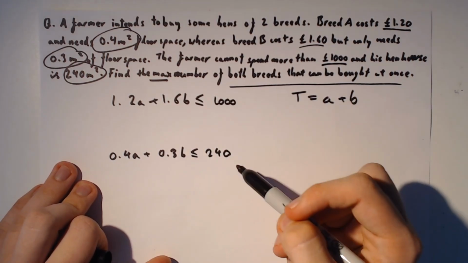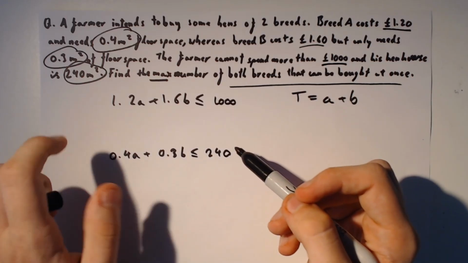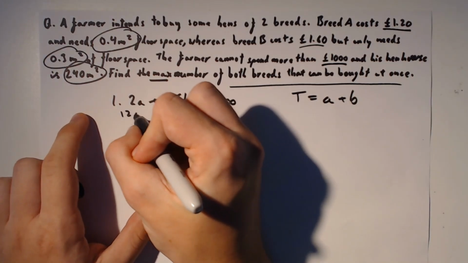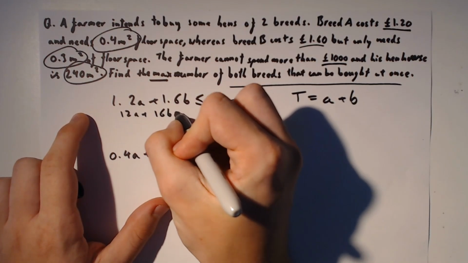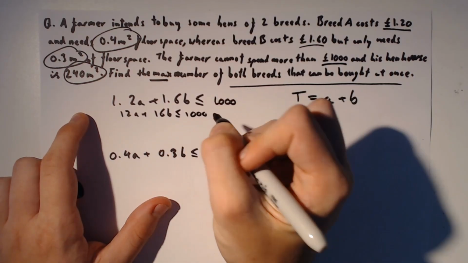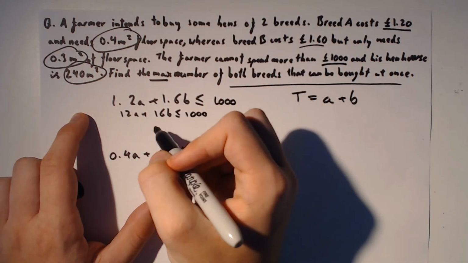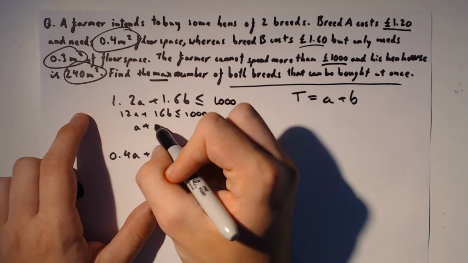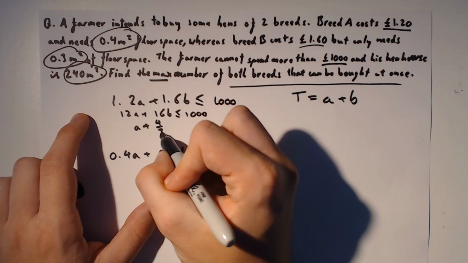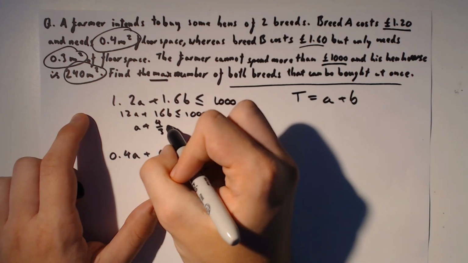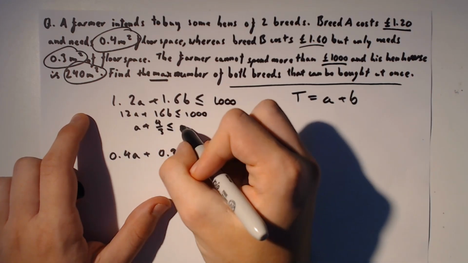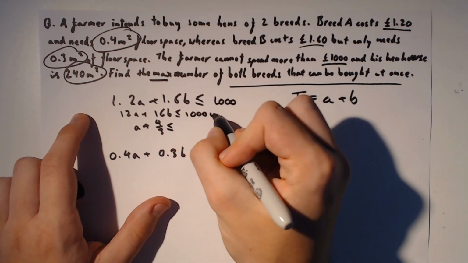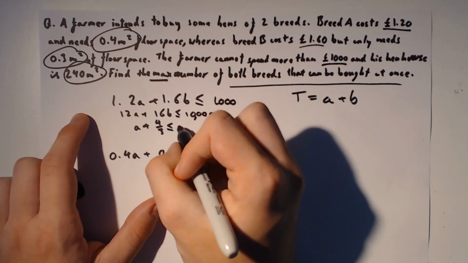Now we can put these in a way that can be plotted on a graph. So to do this we can multiply by 10 on this one, and then divide it all by 12. I forgot to do this here.